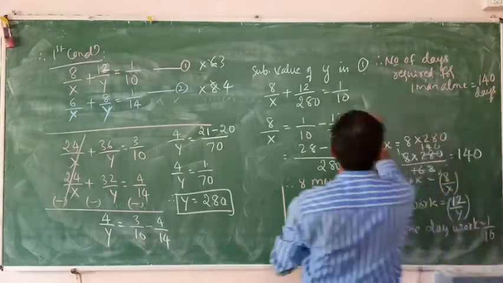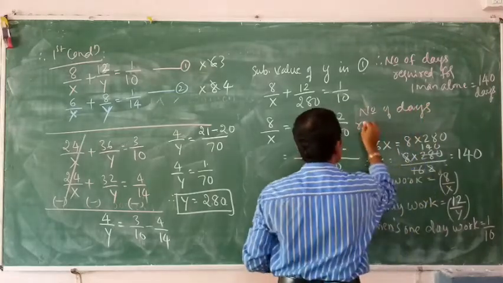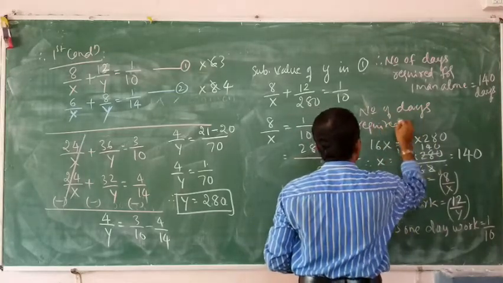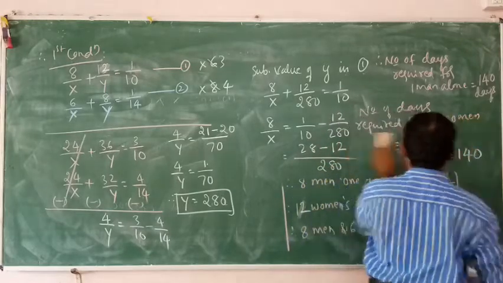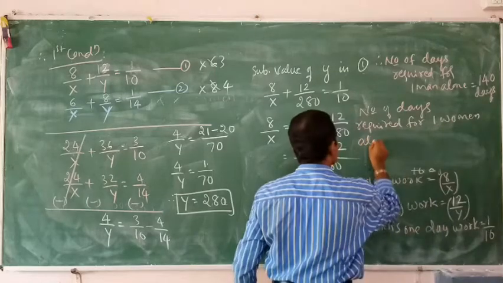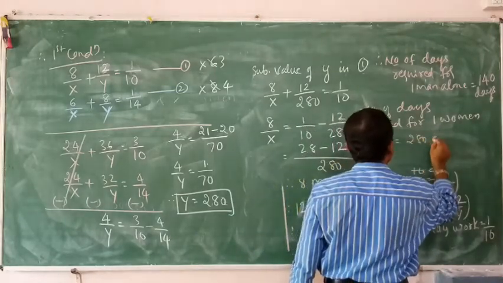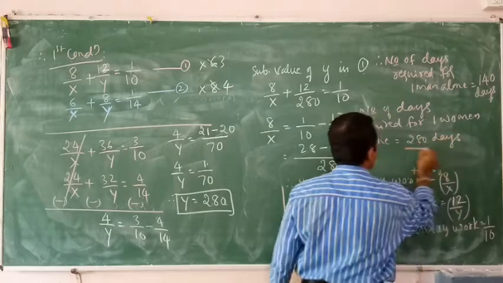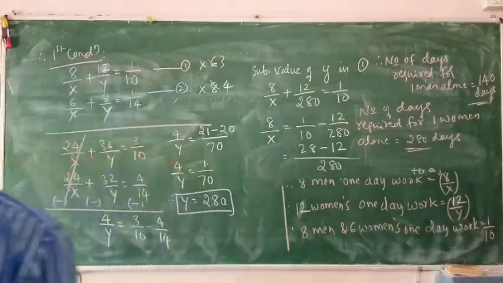And number of days required for one woman alone is equal to how much? 280 days. That is the end of the problem. This is how the problem has to be solved.